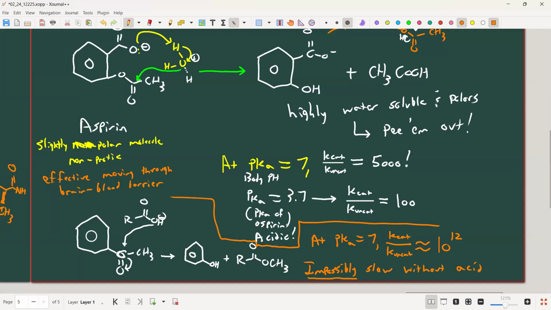But the intramolecular, which is the aspirin condition, where the reaction happens within the molecule, is much faster. Not only much faster, but the catalytic action is smaller than it is in the other case.